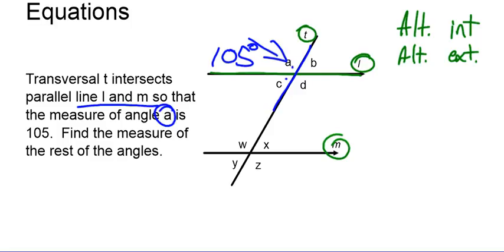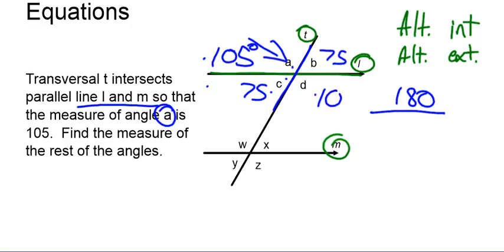I know, it sounds ridiculous, but we just talked about the fact that lines equal 180 degrees. So if a line equals 180 degrees, that means this has to be 75, because 75 plus 105 equals 180, which means that this must also be 75, because 105 plus 75 is 180 degrees. And 75 plus this must be 105, because this relationship needs to be 180. Sorry, 180. I was talking too fast.